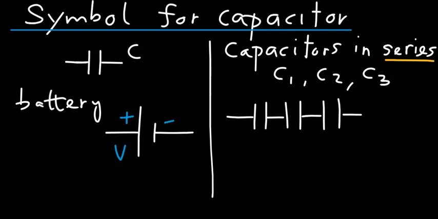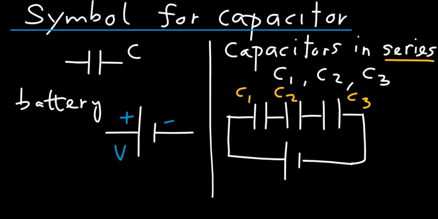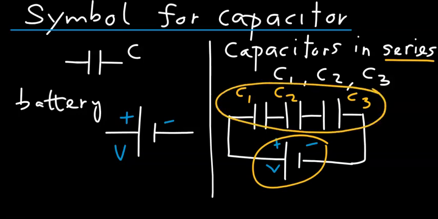So let's assume the first one is capacitor C1, the second one is capacitor C2, and the third one is capacitor C3. And they can be connected in a circuit to a battery, like that. So this is a positive terminal and this is a negative terminal of the battery. And this battery will charge these capacitors. So this is how capacitors are represented in series connection.